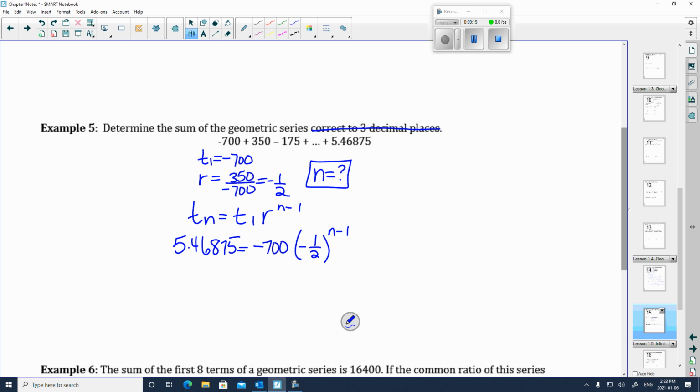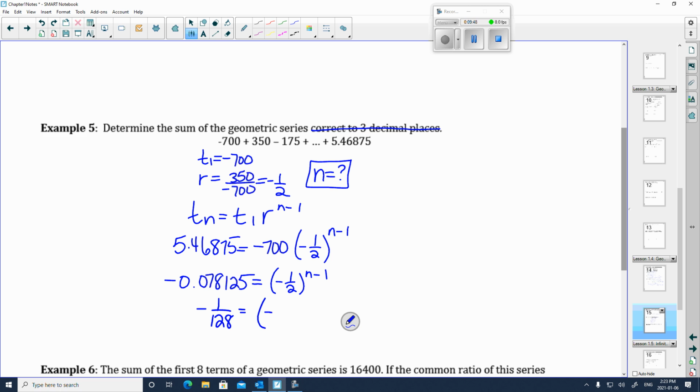Now if I divide the 700 out of there, I get negative 0.078125, and that is equal to negative 1/2 to the power of n minus 1. It may be easier to change the 0.078125 to a fraction, and this fraction is 1 over 128.